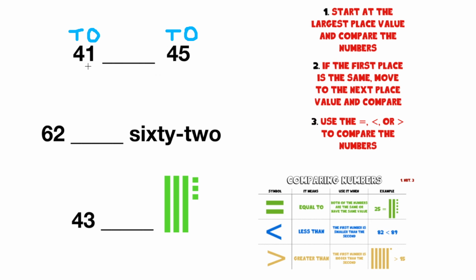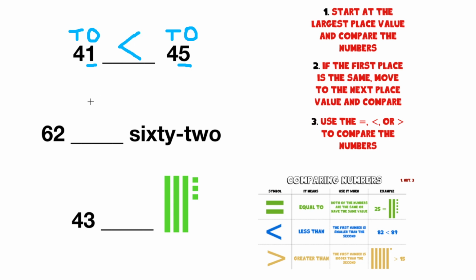So I see that 41 has one one, and I see that 45 has five ones. And I know that 1 is smaller than 5, so what sign should I use? That's correct. I should use the less than sign because 41 is less than 45.